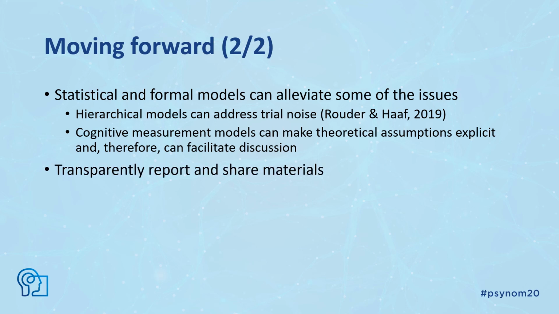We also think that transparently reporting and sharing our task materials, data, and analysis scripts can help, as it will enable others to more accurately assess the choices we've made, and so hopefully get us as a field to incorporate practices that seem to result in progress and drop those that do not.